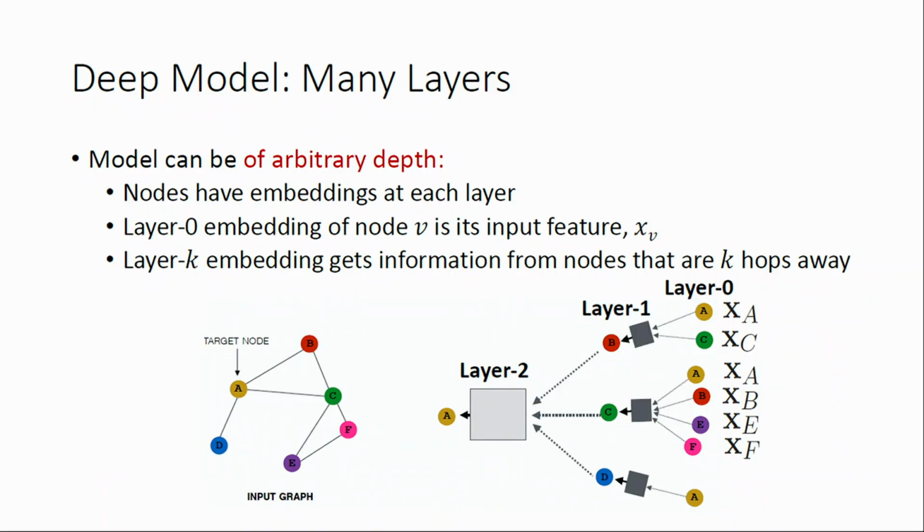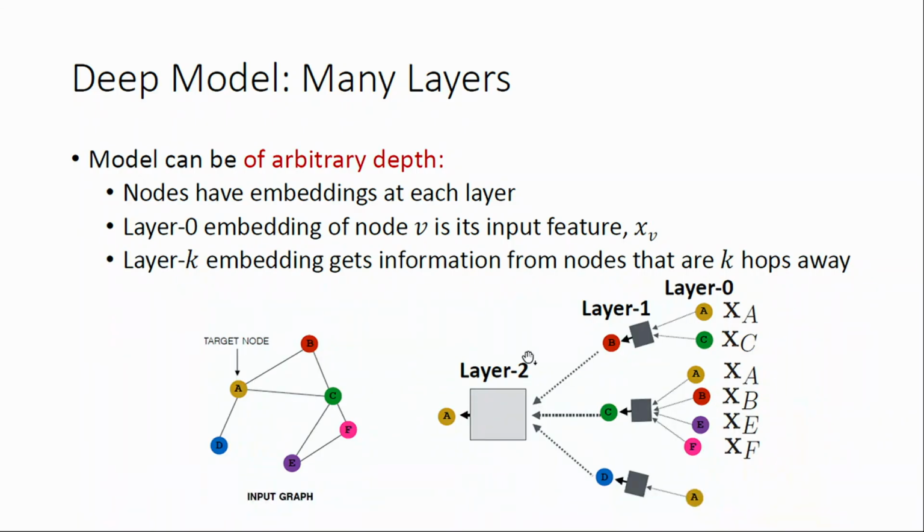Another concept is multi-step information propagation, which is basically stacking multiple layers of graph neural networks. Assuming that each time you're aggregating information from your one-hop neighbors, in layer 0, after layer 0 your node B has the information of A and C. By doing a second aggregation from B to A, the information from C is carried over to B and then to A. So effectively, A sees information from two hops away.